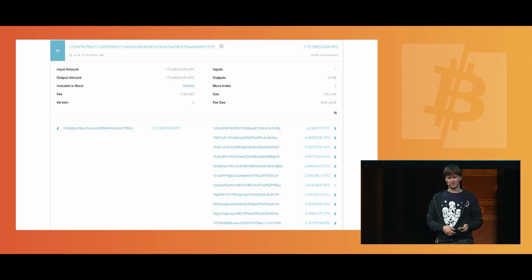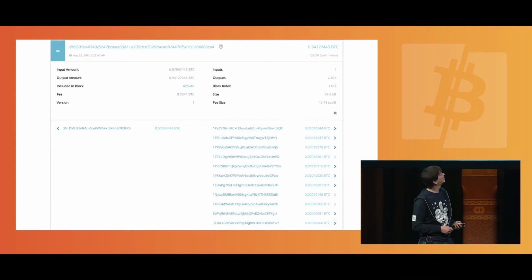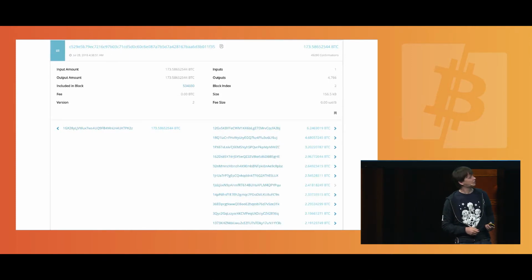There are other ones as well. This one has a 0 fee, so it's definitely a miner, and it's 147 kilobytes. And I think the second and third are over 100 kilobytes, and I think that this one has a 0 fee too, yeah.